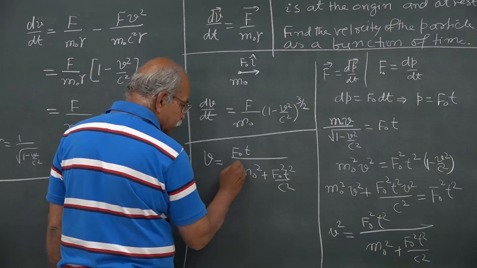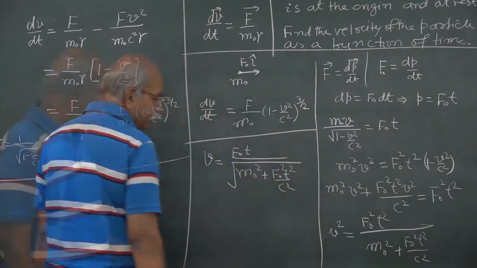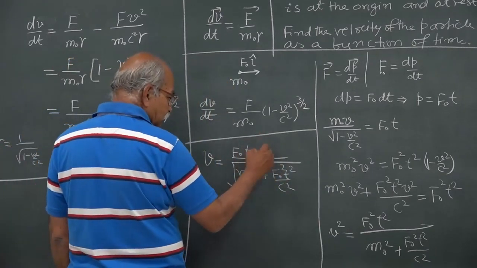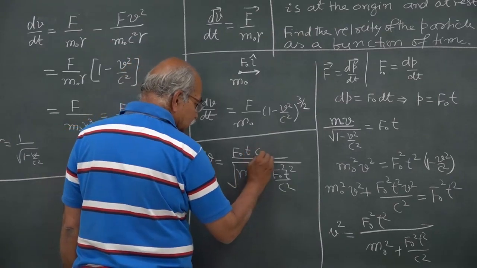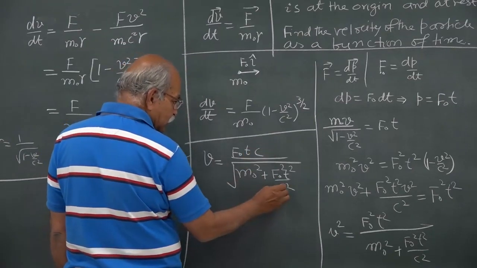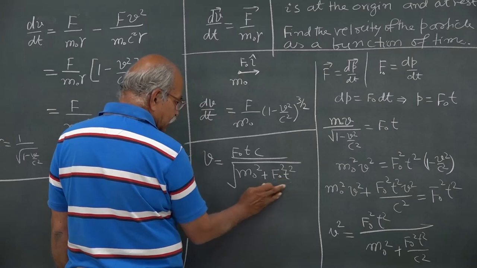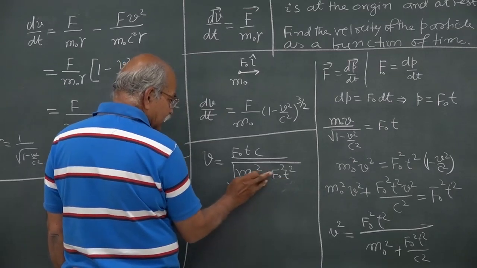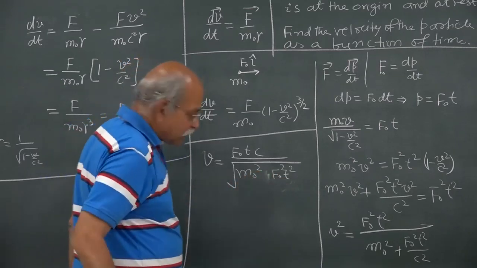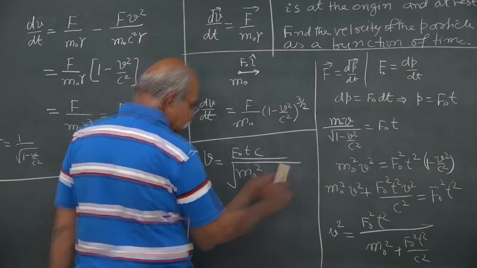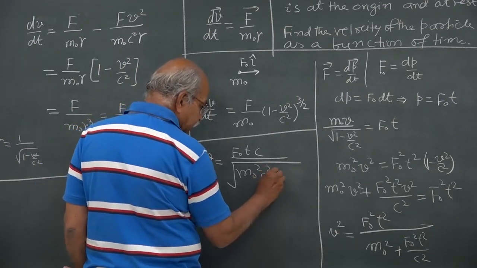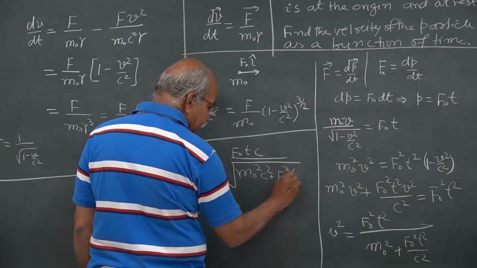Let me multiply the numerator and denominator by c. So, this will become m naught square c square plus F naught square t square under the root.